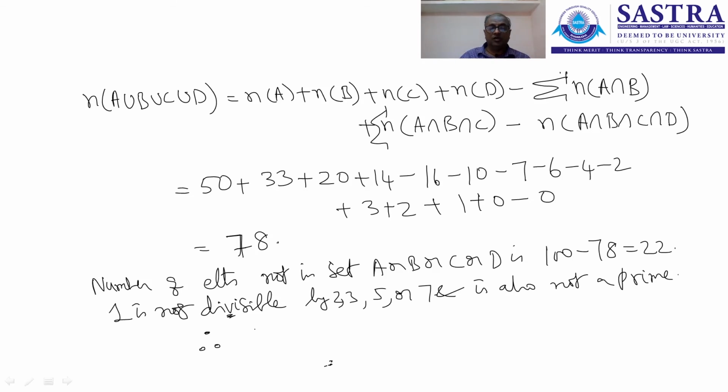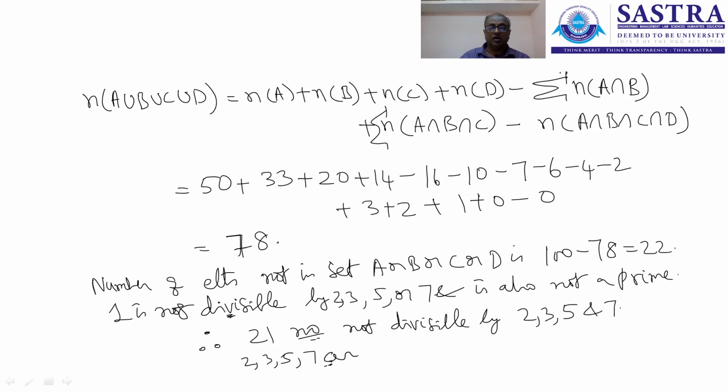Therefore, you have 21 numbers not divisible by 2, 3, 5 and 7. And here 2, 3, 5, 7 are prime numbers.